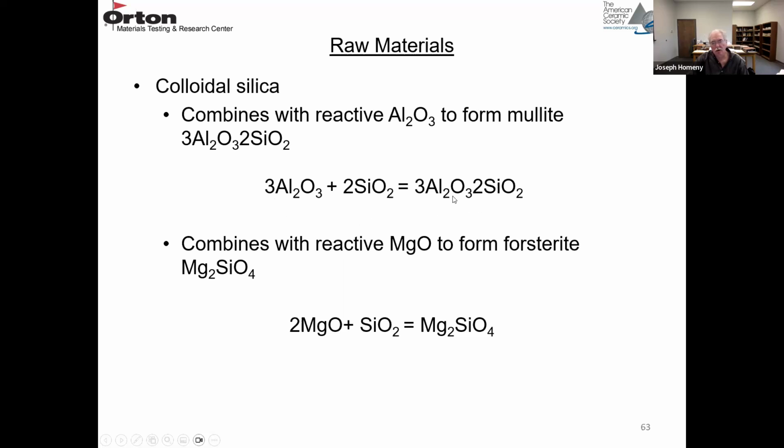Alumina plus silica forms mullite, which is 3Al2O3·2SiO2. And if you have reactive fine particle size MgO, it forms forsterite. So MgO plus SiO2 forms this magnesium silicate, Mg2SiO4. Both mullite and forsterite are fairly high temperature refractory materials.